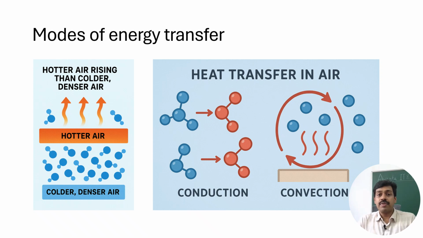When you talk about this type of heat flow in bulk, the property of the material, which is air in this case, that governs how quickly the heat can flow is called the conductivity of the material. For air and for other gases, the conductivity is very low compared to solids. The material also has another property, that is to store the heat, which is called the heat capacity. When the heat starts flowing, or when the transport is initiated, these two properties govern how quickly the heat flows, or the heat flow rate. The ratio of thermal conductivity to the heat capacity is called the diffusivity of the material.